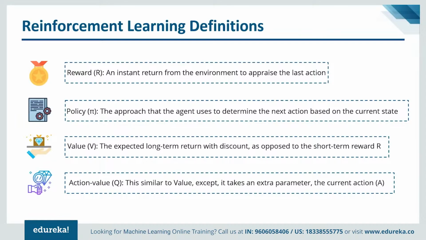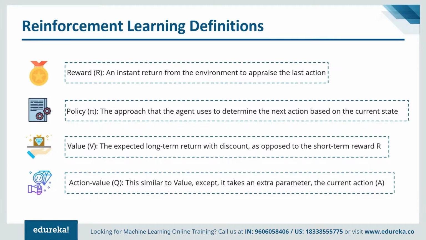It's just the strategy with which you approach the game. Then we have value. Value is the expected long-term return with discount. Value and action value can be a little confusing right now, but as we move further you'll understand. Discount I'll explain in the further slides.